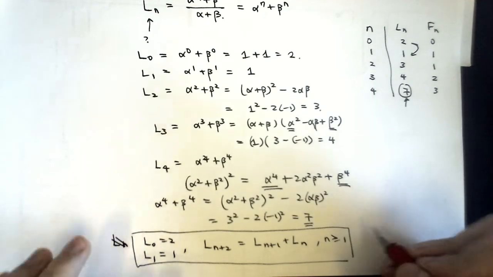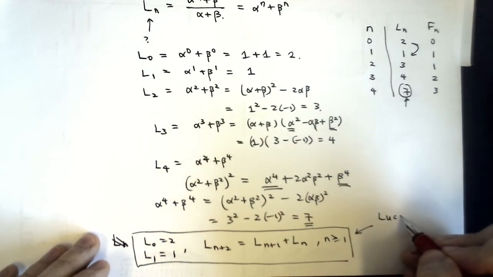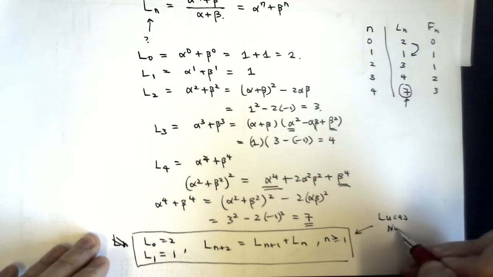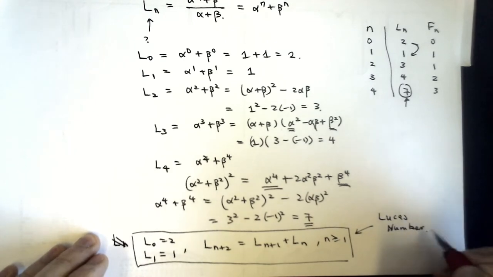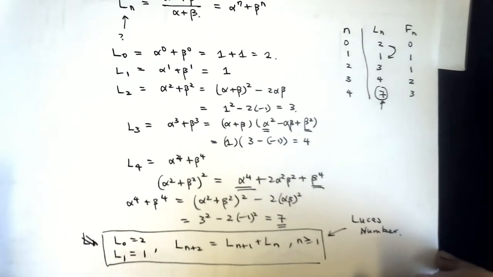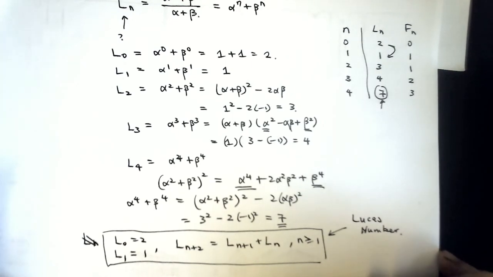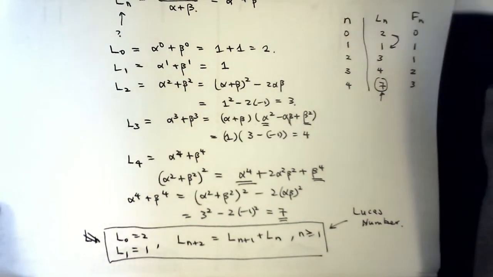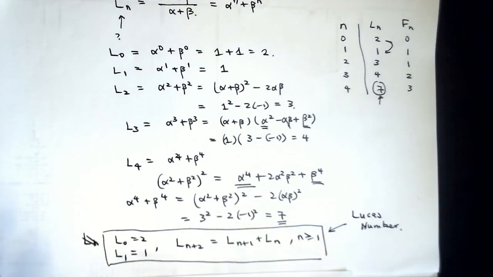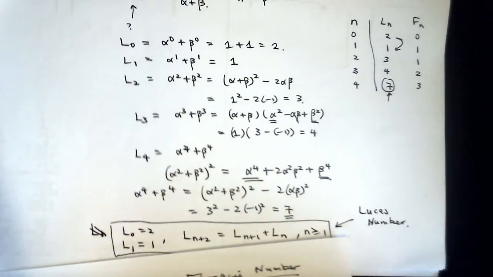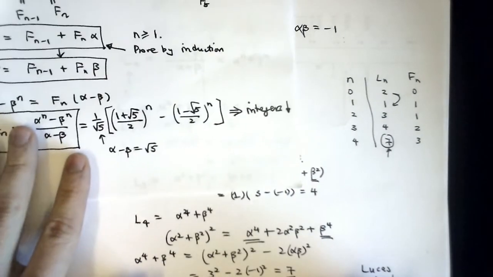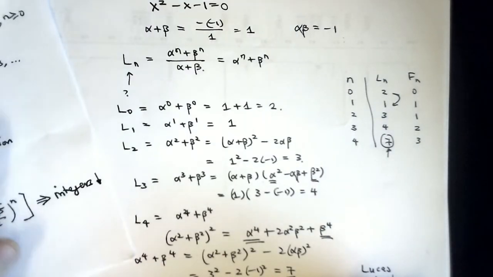In fact, this is called the Lucas numbers, which is a brother of the Fibonacci numbers. They have very similar definitions. The only difference in the definition is that the initial conditions are different.